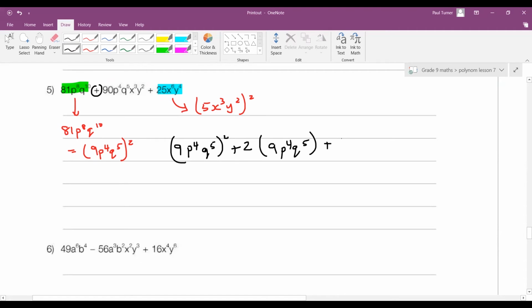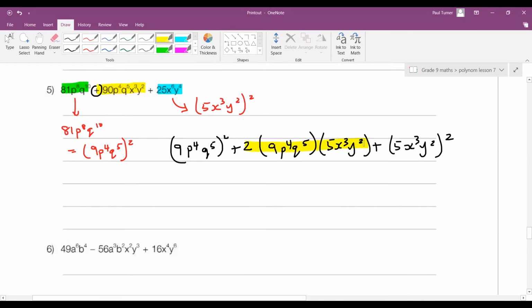Then we add the last term, 5x3y squared squared. Oops, and you see what I'm missing. I should have put that in here. So 5x3y squared, then we square that. I missed that part. Squared like that.